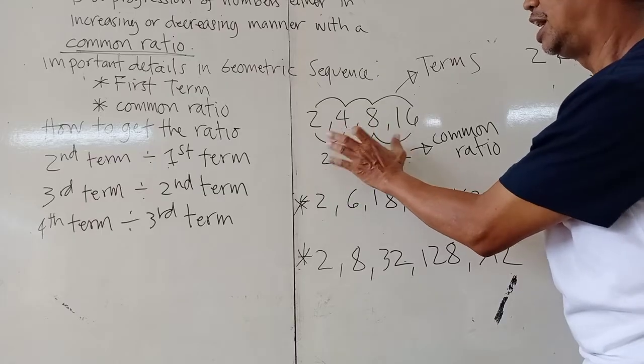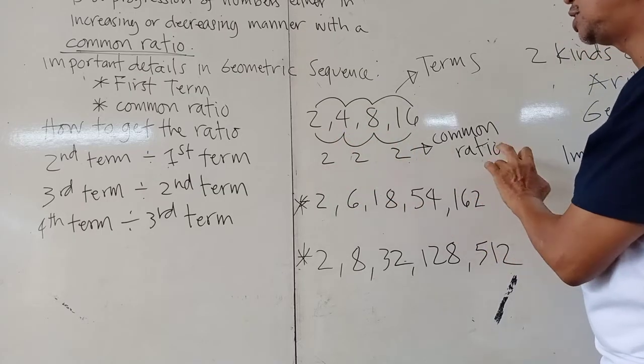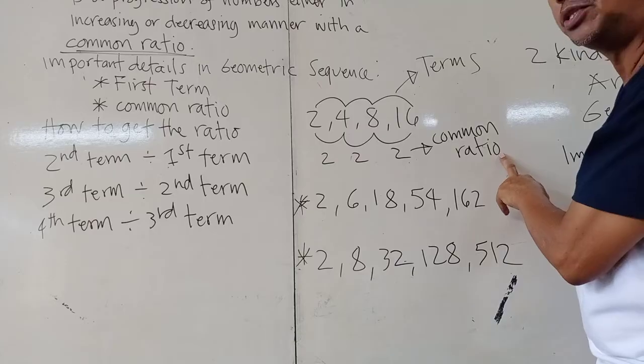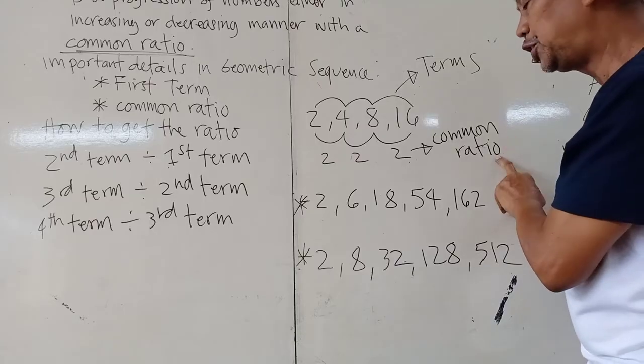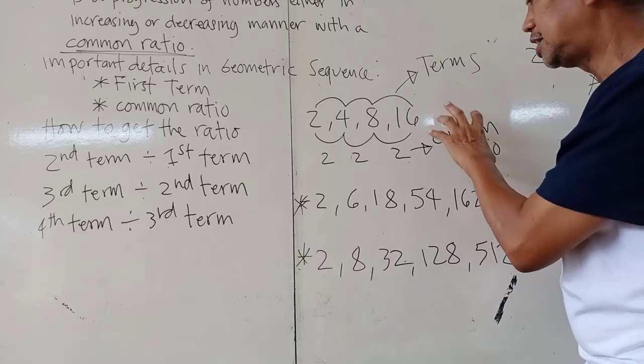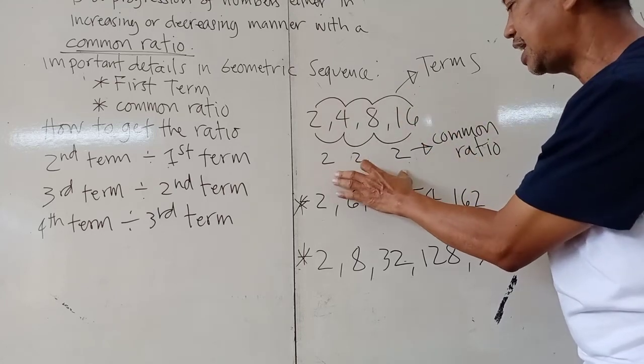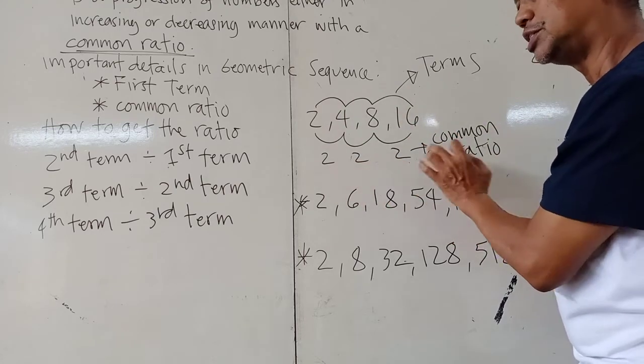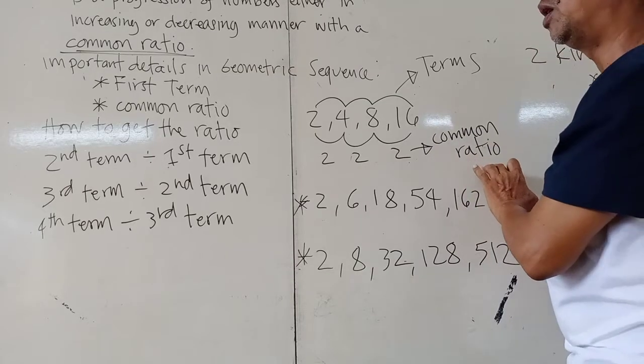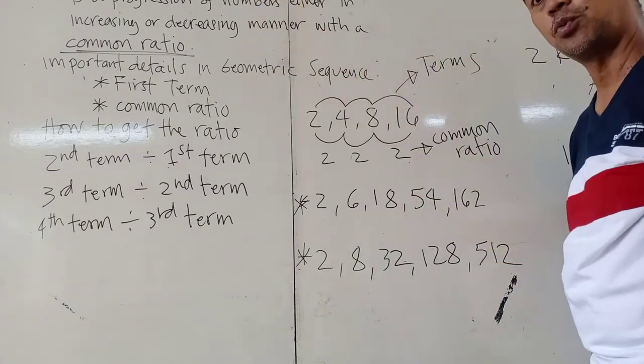In every ratio, that is why it is called the common ratio. Whenever you encounter this, that the numbers are becoming bigger but they still have the same common ratio, therefore, you are in a geometric sequence.